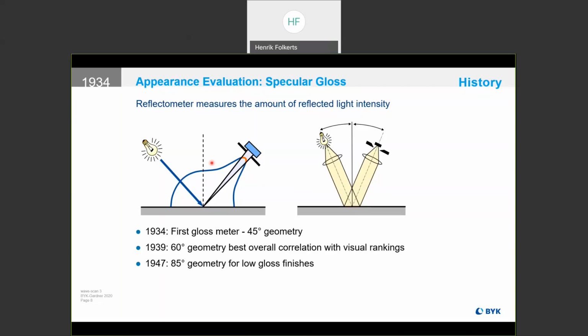And a few years later, in 1951, additionally, a 20-degree reflectometer was defined, which looked under more close to the perpendicular. And you see here, it is not only a lamp and a detector. You need, of course, a defined geometry, an optics, some lenses, filters, and so on. And finally, the gloss meter today is a very specific optoelectronic measuring tool.